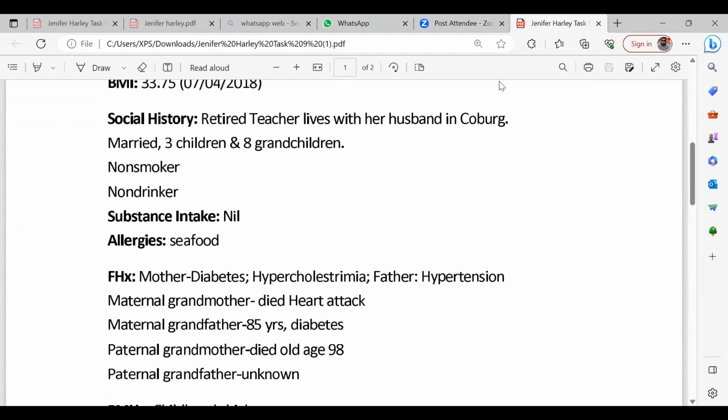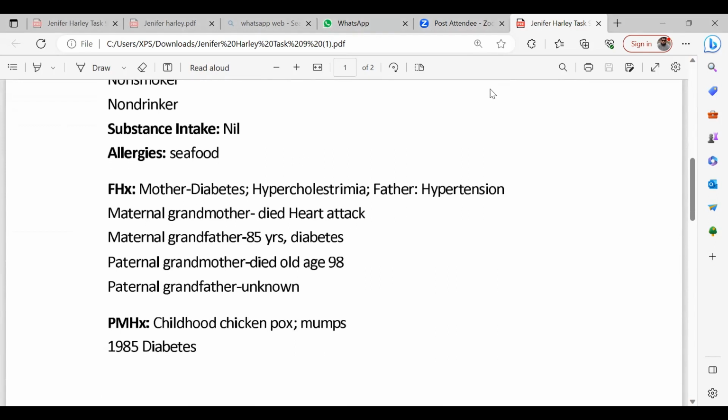However, allergies, it's important to write down the allergies, right? As we have the dietary instruction. Now, about the family history: mother diabetes, hyperglycemia, father hypertension, maternal grandmother died of heart attack, right?